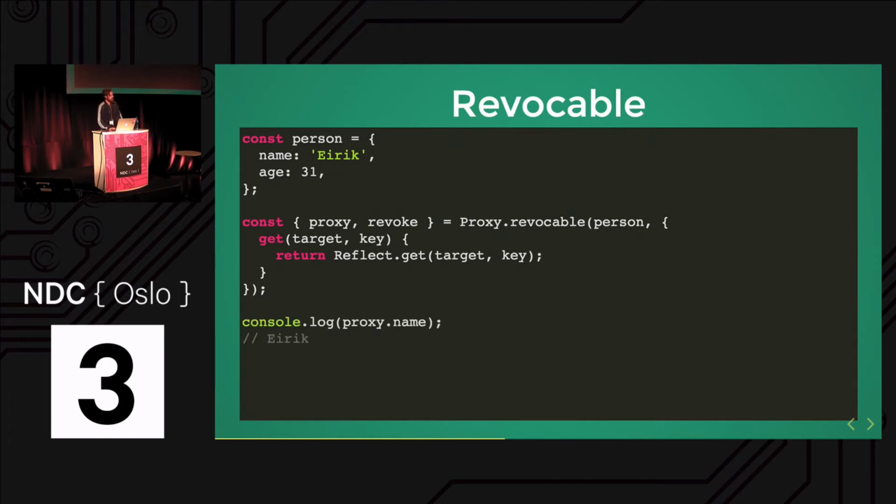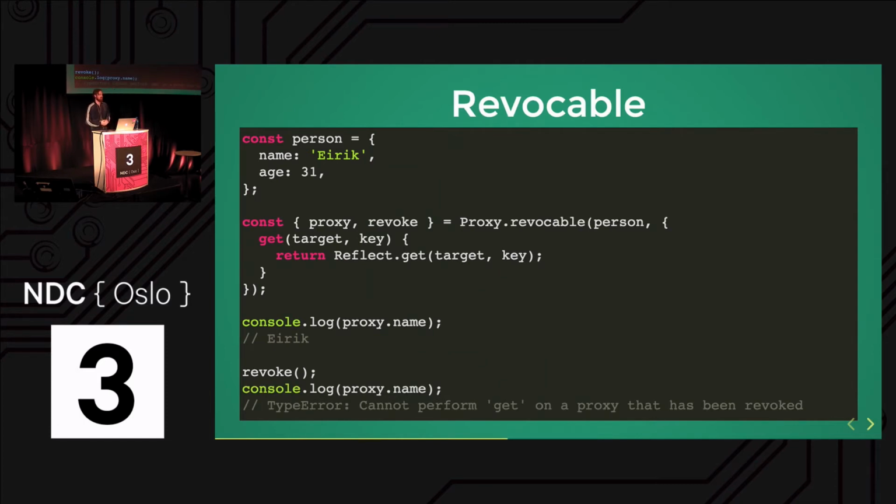So if I try to access proxy.name here, it'll give me the name. But if I revoke this proxy, it will throw an error the next time I try to access something on this proxy, because you're not allowed to do that anymore. Which pretty much then makes the proxy useless.